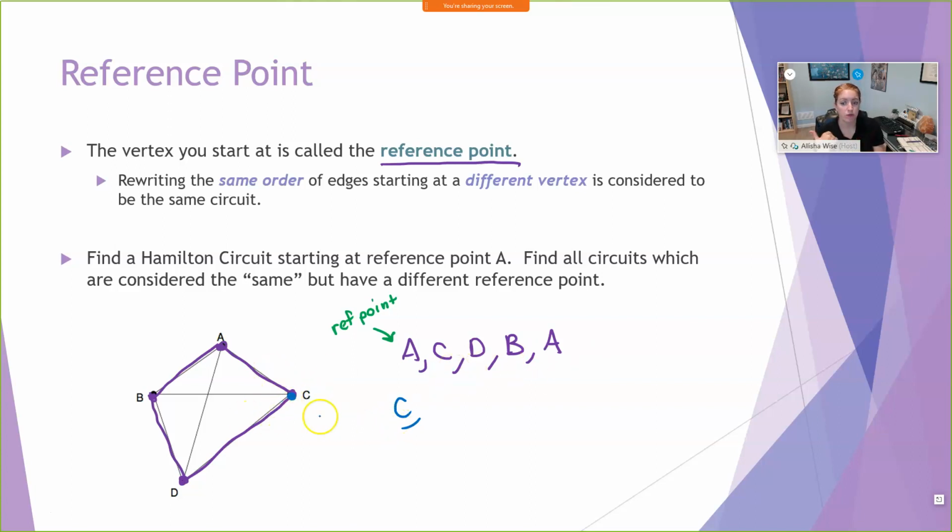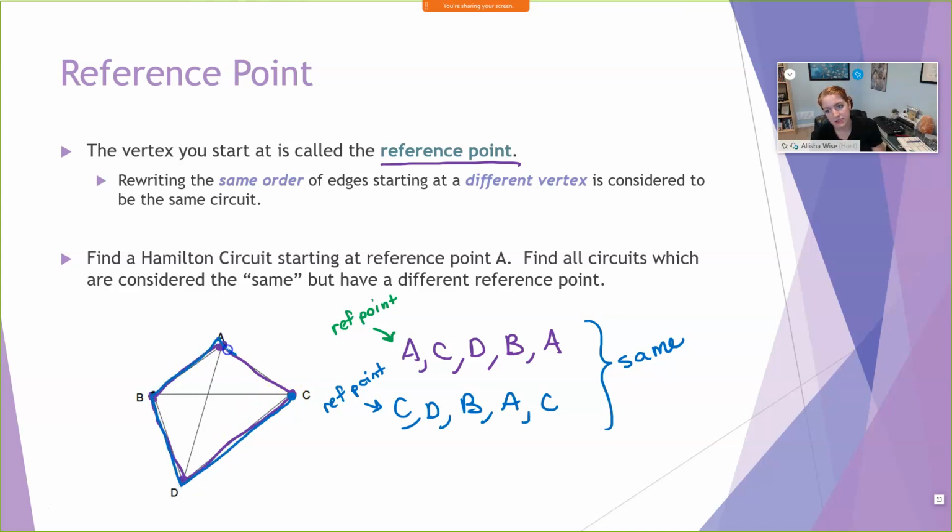We're just going to use a different reference point or starting point. So this would be C, D, B, A, and then you start back at C. So this is your new reference point. But these two Hamilton circuits are actually considered the same because they go the same direction, the same order of edges. It's just simply you're switching that reference point. And the same thing if you move that to D, B, you're going to have the same Hamilton circuit.